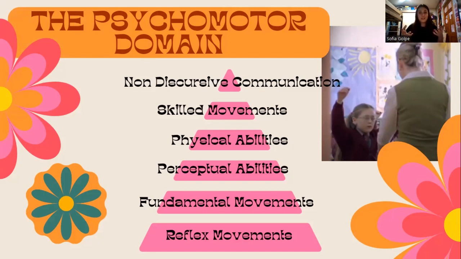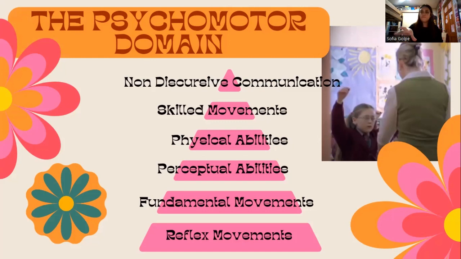The psychomotor domain is an addition that was made later on to Bloom's taxonomy. So different authors have different subcategories for it, but we are going to focus on Anna Harrow's categories or subdivisions. She talks about reflex movements, fundamental movements, perceptual abilities, physical abilities, skilled movements, and non-discursive communication.